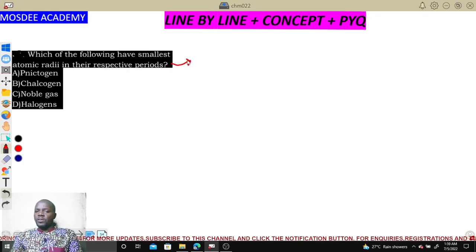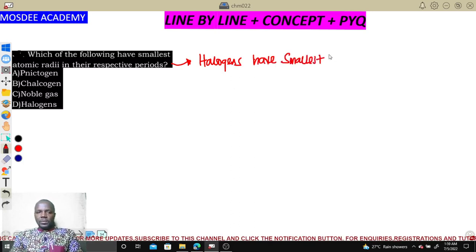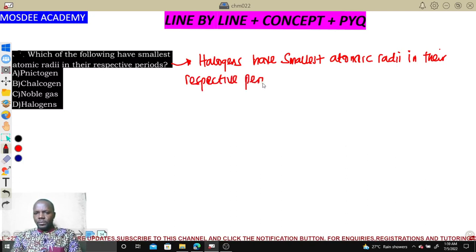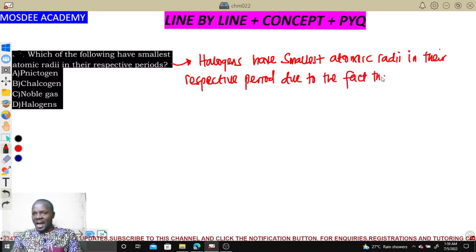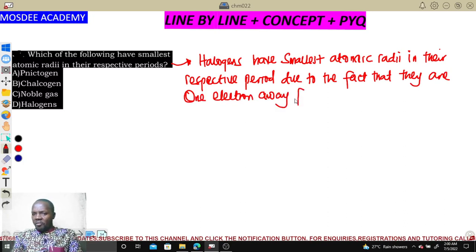Now, listen, a new concept you can learn. Halogens have the smallest atomic radii in their respective period due to the fact that they are one electron away from forming an octet.